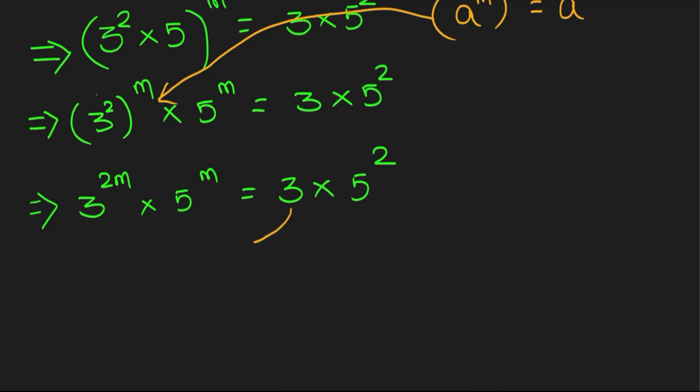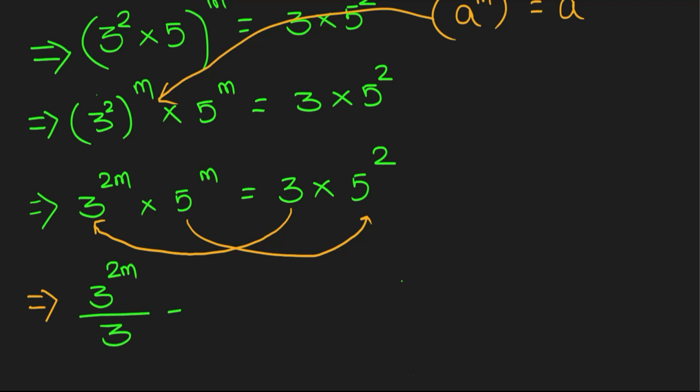Now bring this 3 to the left hand side of the equation and bring this 5 to the power m to the right hand side, and we can write the equation as 3 to the power 2m divided by 3 is equal to 5 square divided by 5 to the power m.